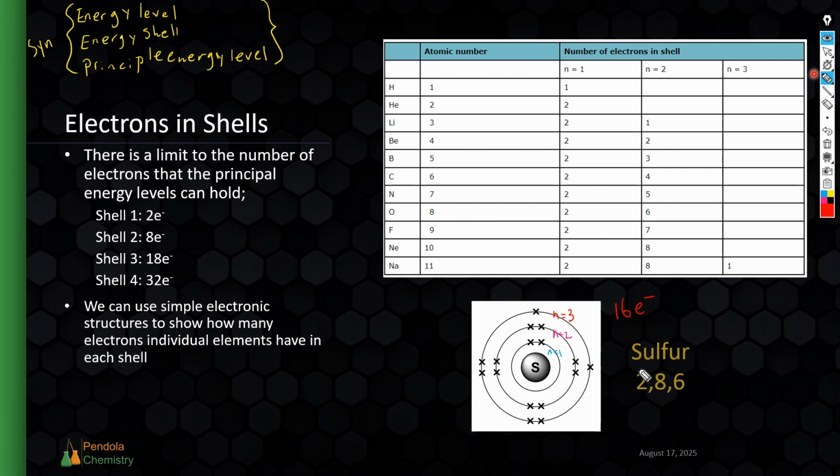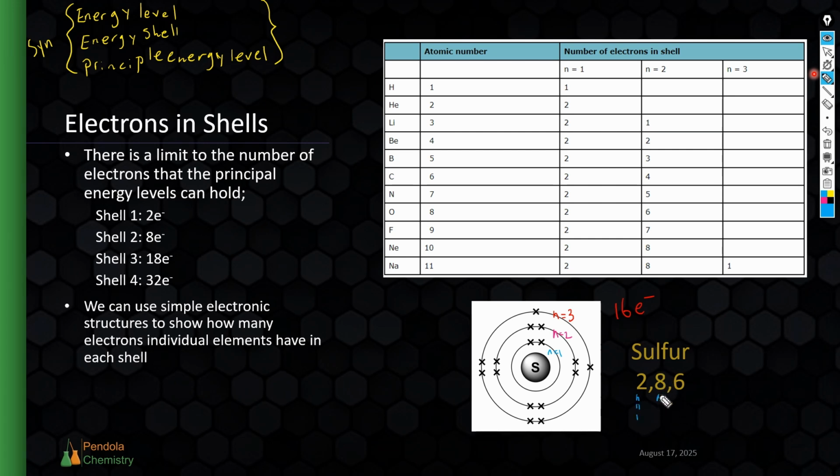Another way we can show this is by using a comma notation like this one, where we just put the element's name and then, separated by commas, the number of electrons each energy level has, moving from left to right from lowest to greatest. So the 2 here represents 2 electrons in energy level 1.